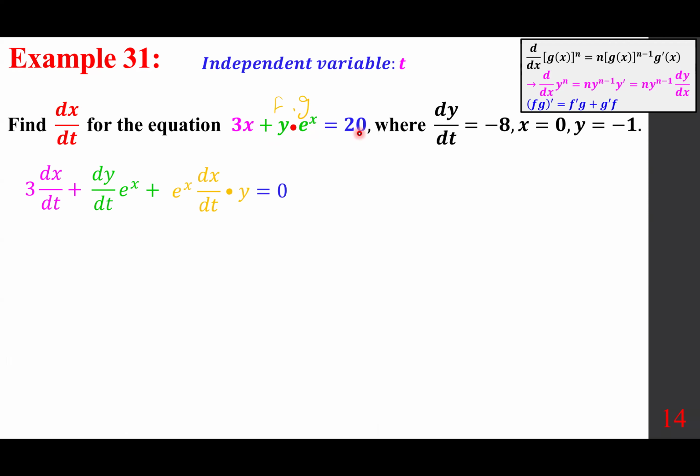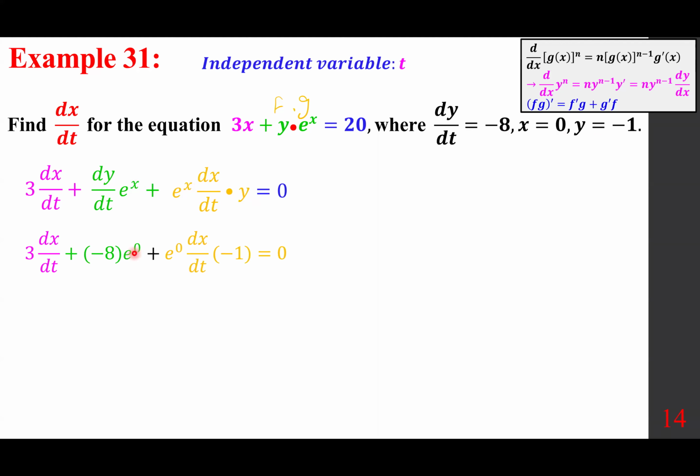We're done here. Again, we're going to do 2 ways for just practice. First, we're going to plug in. So 3 times dx dt plus dy dt, replace it with negative 8, e to the power of 0, again, e to the power of 0, and dx dt times y, which is negative 1. So plug in and evaluate.